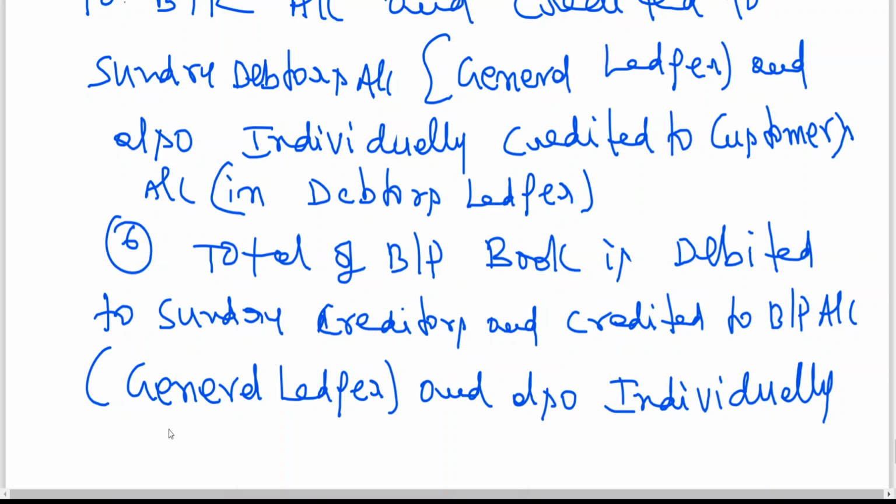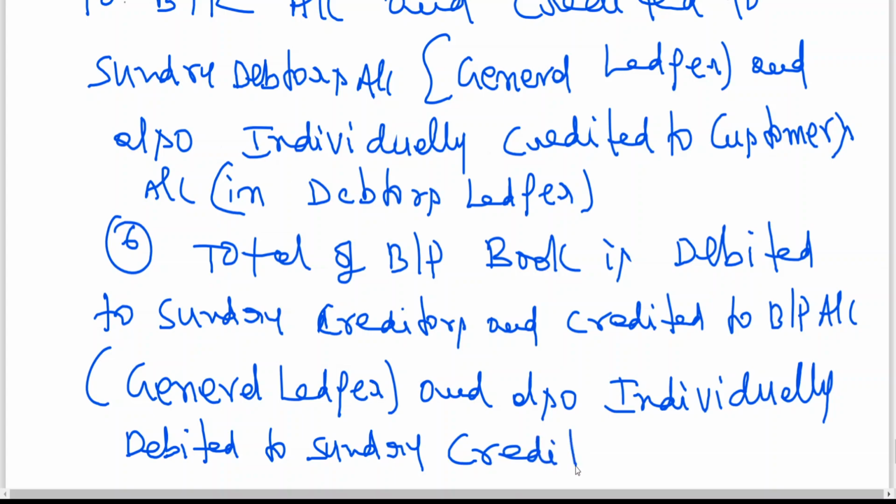And also individually debited to sundry creditors. What is the entry? X account, we are giving bills payable to X. X to bills payable. Individual debited to sundry creditors. Which ledger? Creditors ledger.